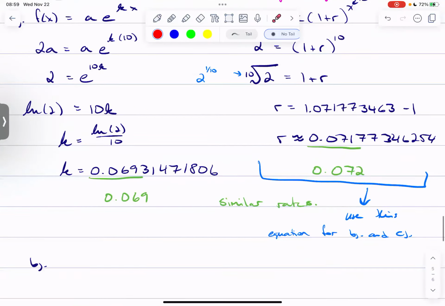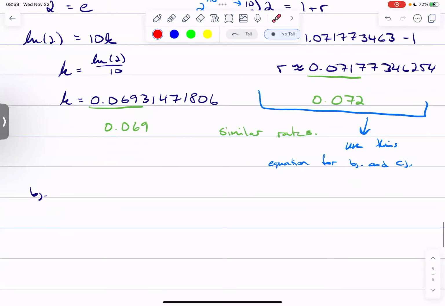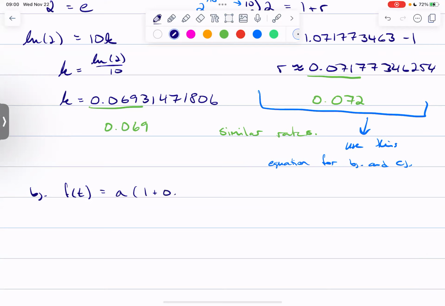And so what we can do is write out our equation, f of t. We don't actually really need it, but that's okay. f of t is a times 1 plus 0.072, let's just use the rounded value, to the power of t.